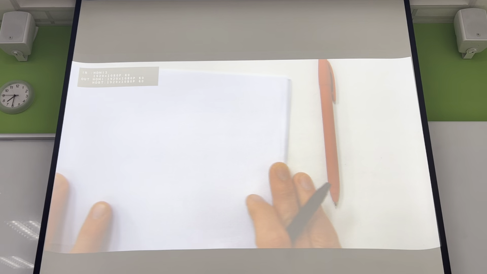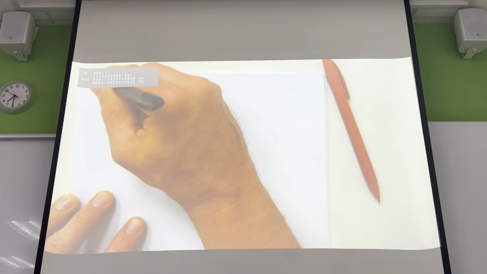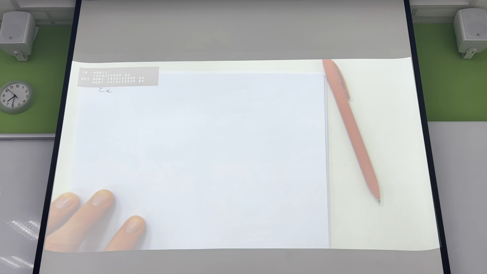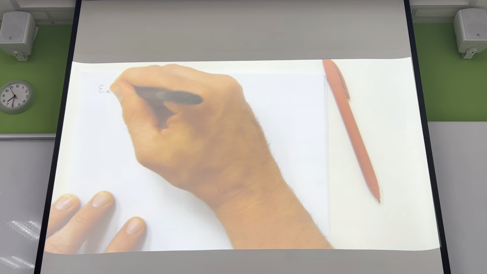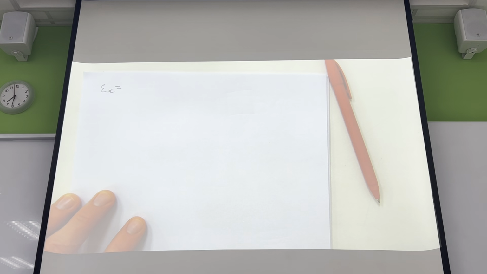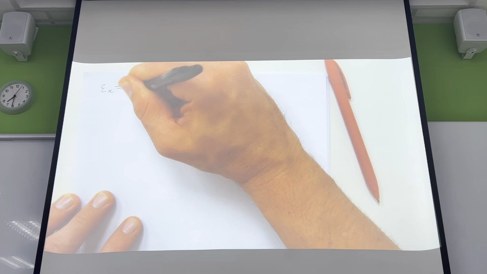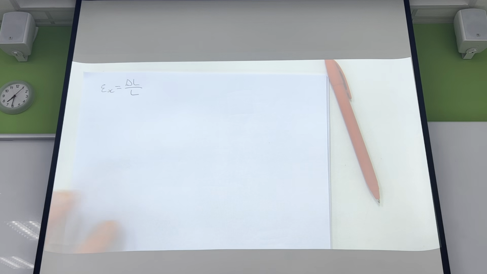The fundamental definition for strain, if you're looking at strain in the X direction: the thing you might be most familiar with is the change in length over length. That is length over length, so it doesn't have units.